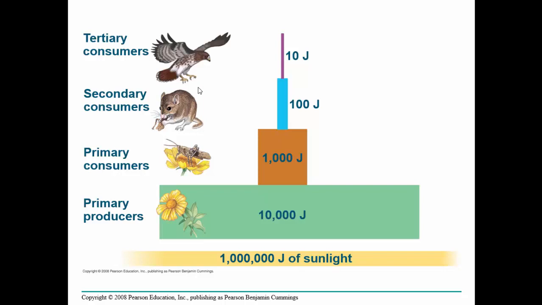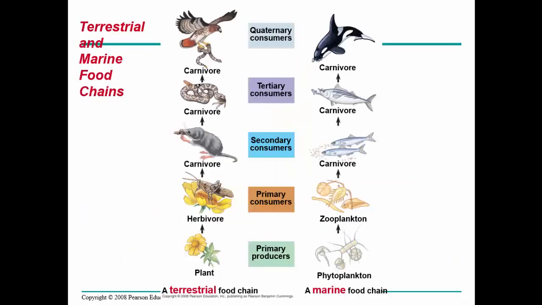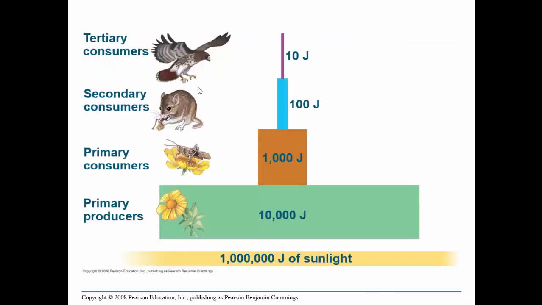So what happens with this food chain is actually the transfer of energy. You can see from the terrestrial case that the sun gives us energy of around 1 million joules, right? But then it is absorbed by the plant and converted into energy, becoming around 10,000.